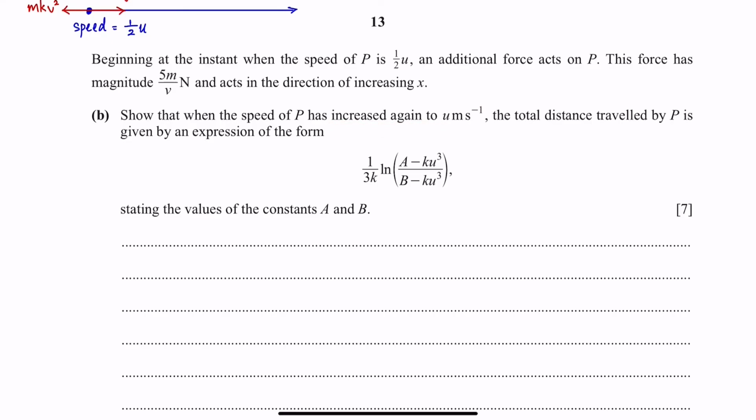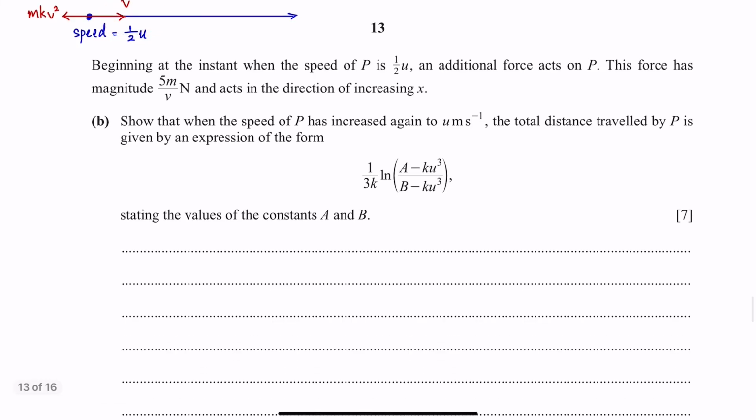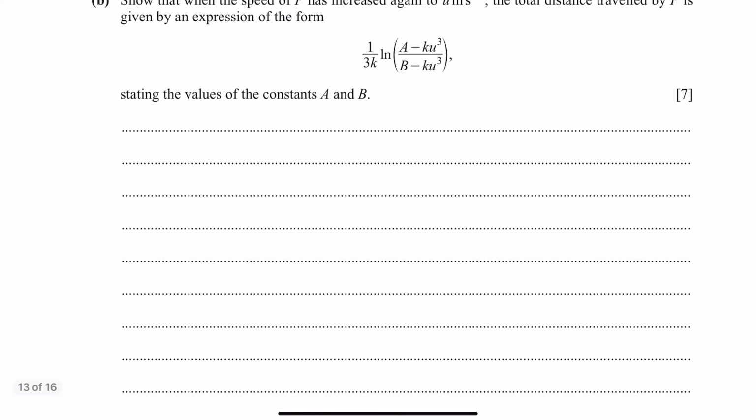But we need another equation because now we have an additional force here, right? So we make another equation. 5m over v minus mkv squared, this is the resultant force, equals m times acceleration, which can be written as v times dv over dx.